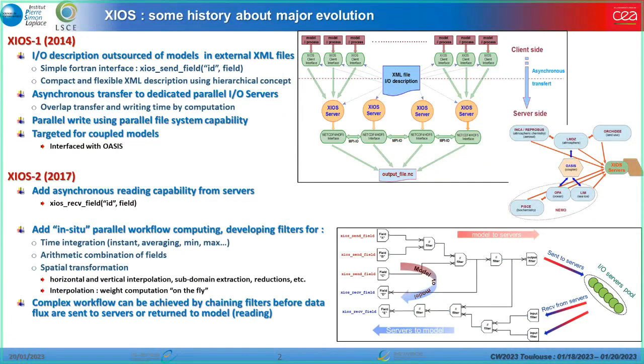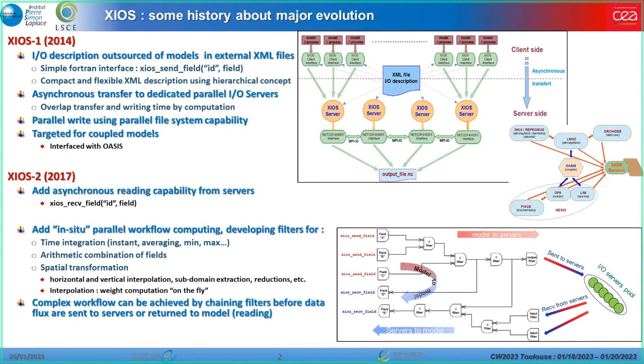XIOS is about 10 years old, and the first release, XIOS 1, was developed and targeted for I/O output with 2 main ideas. The first one was to outsource the I/O description outside the model in an external XML file, using a very compact and flexible description with a hierarchical concept.